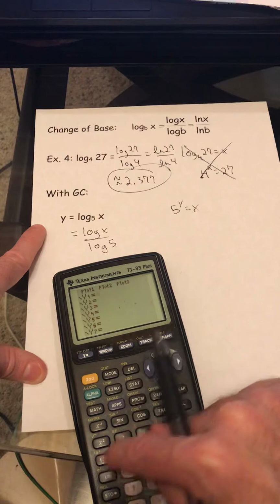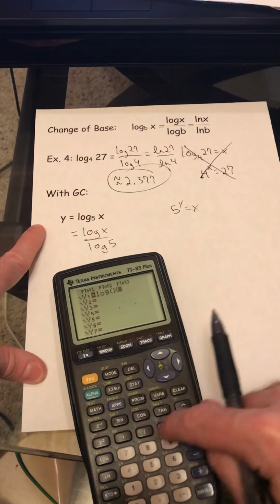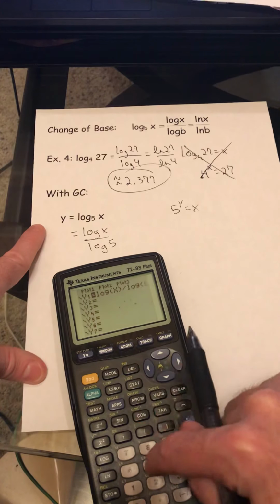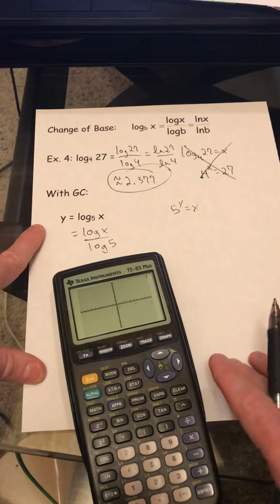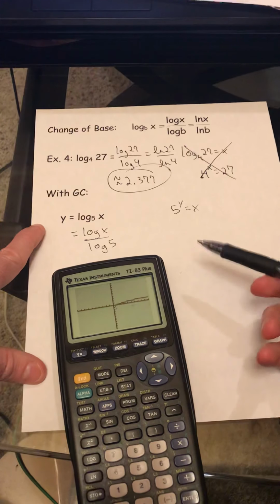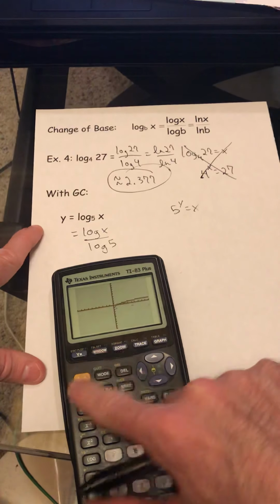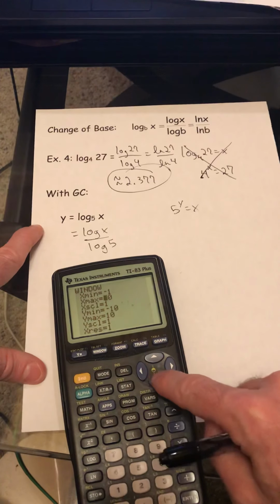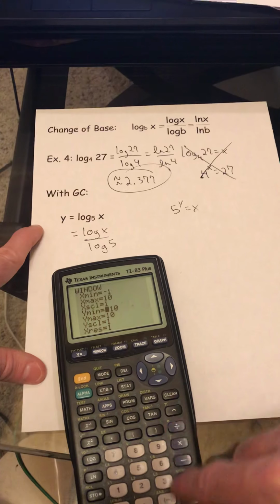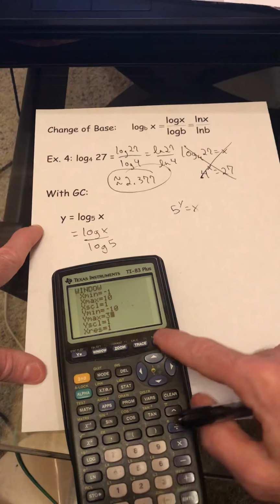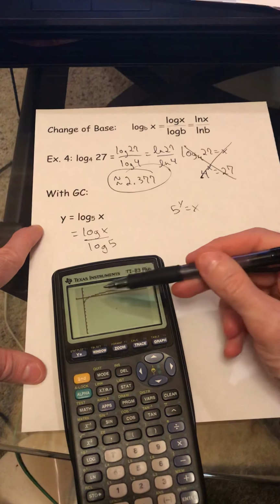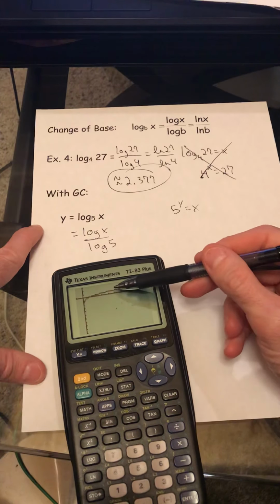So let's see here, log x. Again, close your parentheses, divided by log 5. And there it is. If we reset our window, you can even see right there is that 0.51.